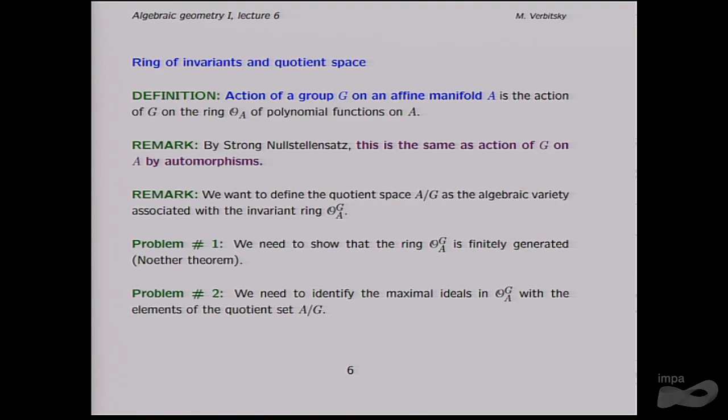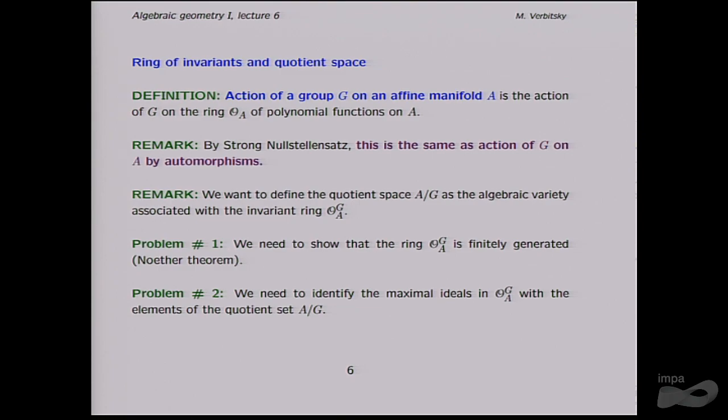Now let's discuss actions of a group on affine varieties. As we discussed, affine varieties are the same as rings.